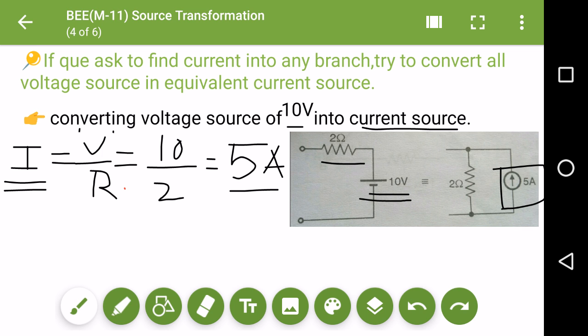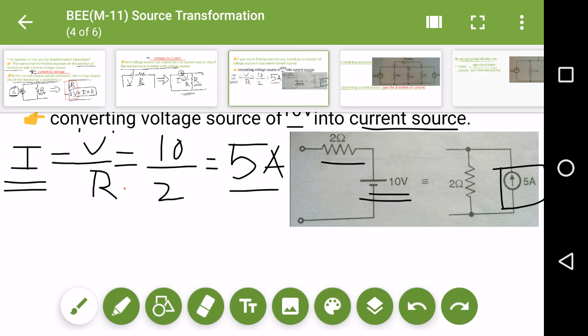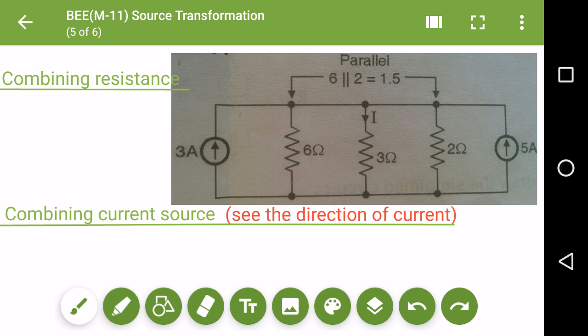Now we will see how our circuit is going to look after this source conversion. Combining, you can see over here, my 5 ampere current source is in parallel with 2 ohm, and my 3 ampere current source is in parallel with 6 ohm.